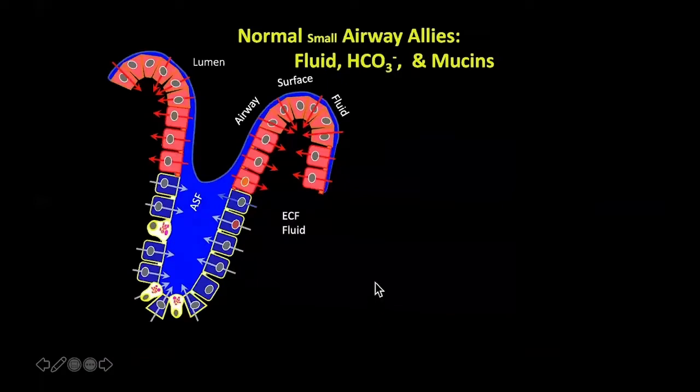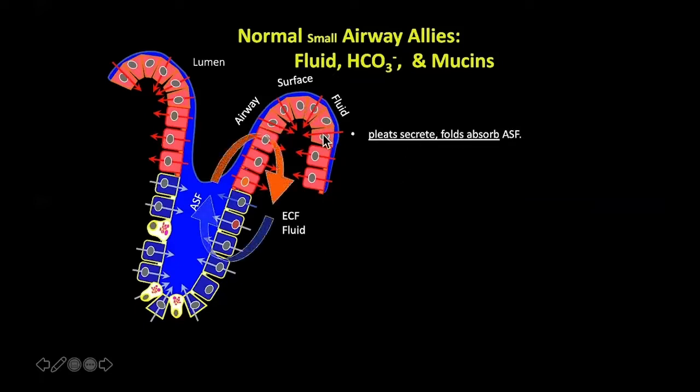So putting all this together, if we can be somewhat speculative, from this model of a villi with the pleat here and the folds here, airway surface coating the whole thing, we would suggest that the base of the pleat is responsible for secreting the airway surface fluid, and that the folds up here are responsible for absorbing the airway surface fluid.